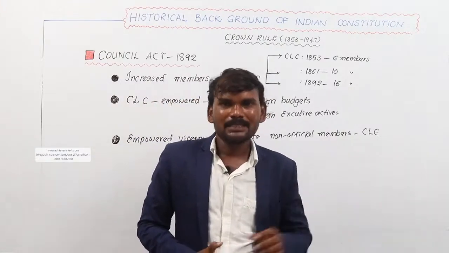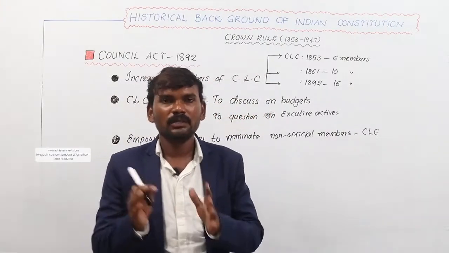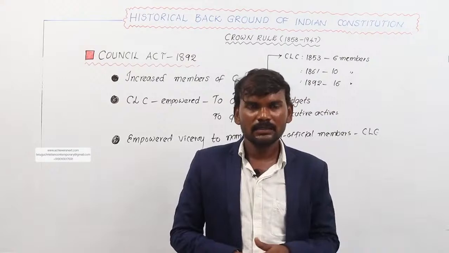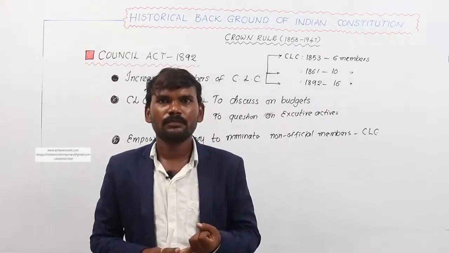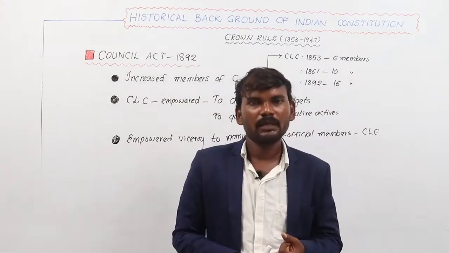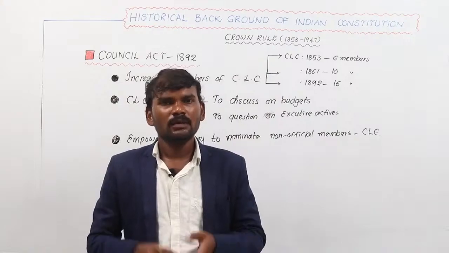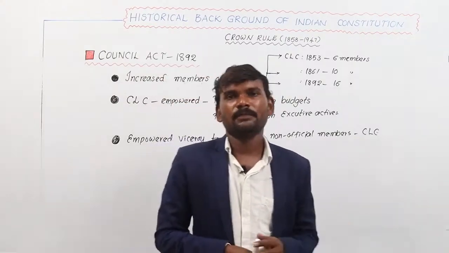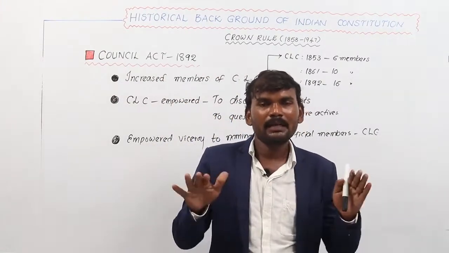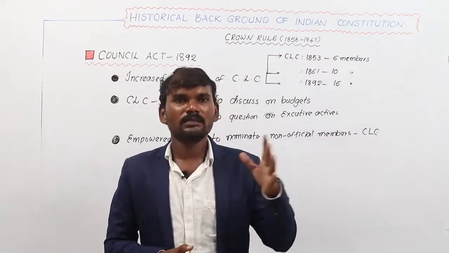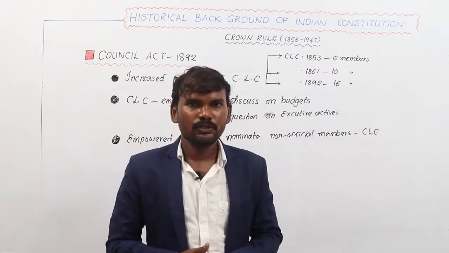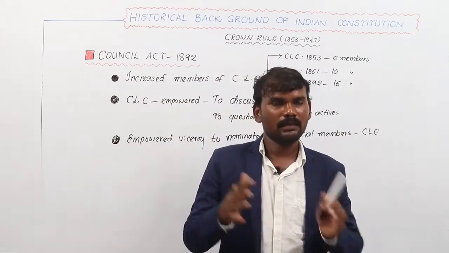So by this Act of 1892, some famous Indian personalities were nominated to the Central Legislative Council. A few of them are Dadabhai Naoroji, Gopal Krishna Gokhale, Firoz Shah Mehta, Surendranath Banerjee. They were nominated on the recommendations of other institutions, boards, municipalities and district boards.